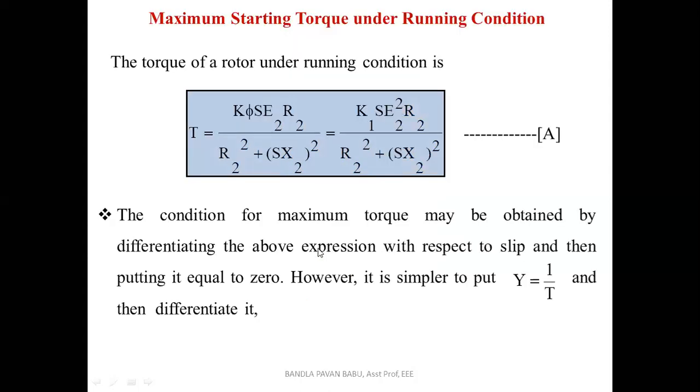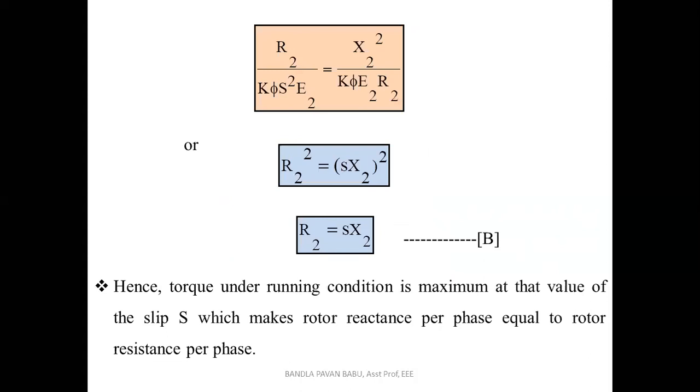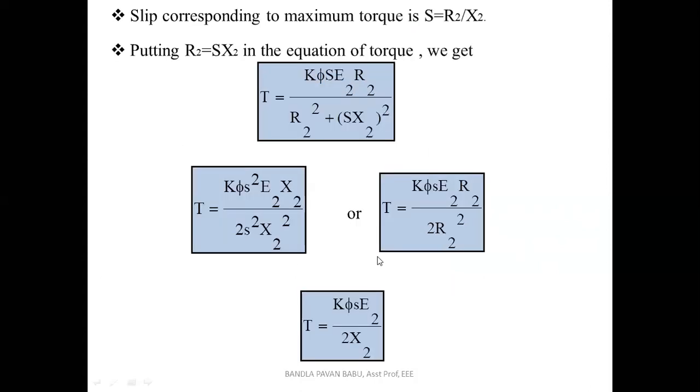But in running condition, where the concept of slip exists, the condition for maximum torque is that the rotor resistance must be equal to slip times the rotor reactance, or the rotor resistance per phase must be equal to s times the rotor reactance per phase. These are the conclusions for the condition for maximum torque in standstill and running conditions.